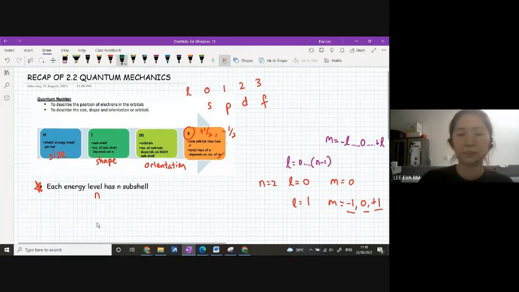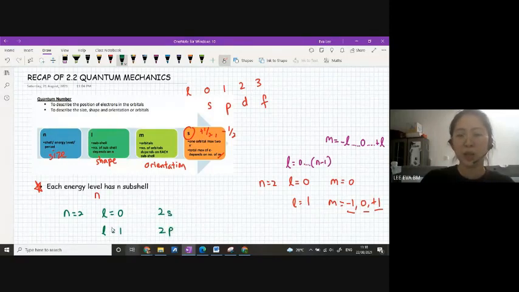So let's see. If we take the one just now, n equals 2, l equals 0 or 1. So we have a 2s subshell and a 2p subshell. So kalau awak punya energy level value adalah 2, maka awak akan ada 2 subshells.